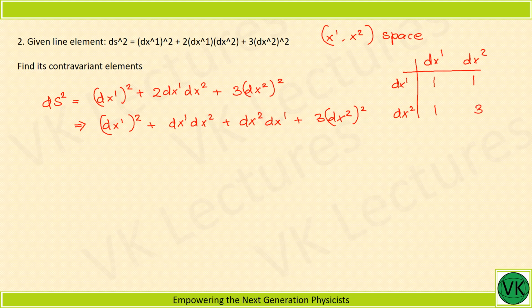So this is the matrix, and now we need to find the determinant of the coefficient matrix C. So the determinant is 3 minus 1, that is 2, and now we need to find the cofactor matrix.